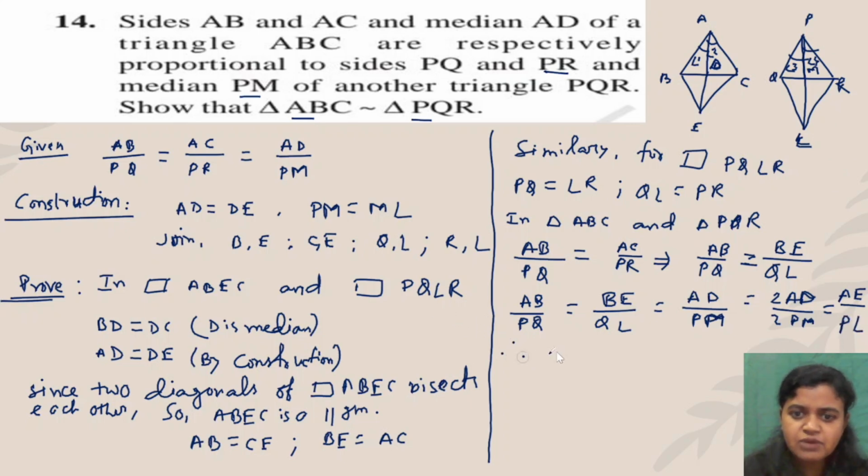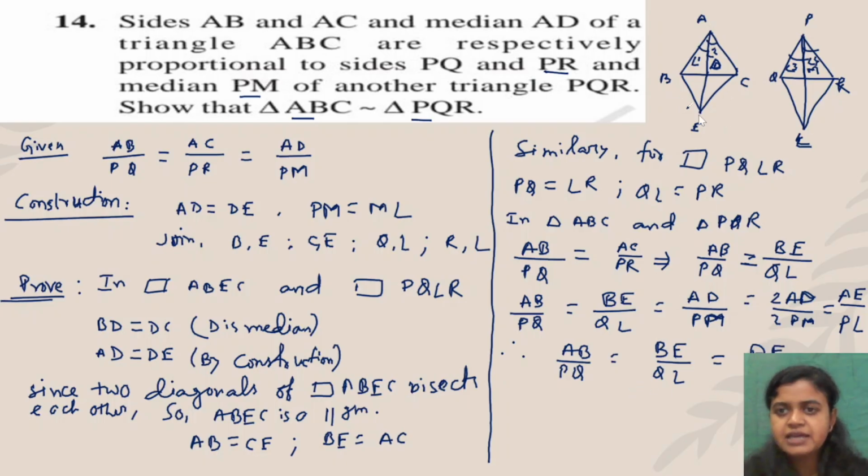So basically we got AB by PQ equals BE by QL equals AE by PL. So in triangle ABE and triangle PQL, the sides are proportional to each other. So by the SSS rule, we can say triangle ABE is similar to triangle PQL.